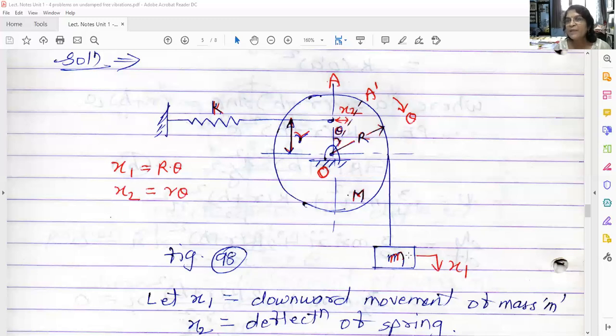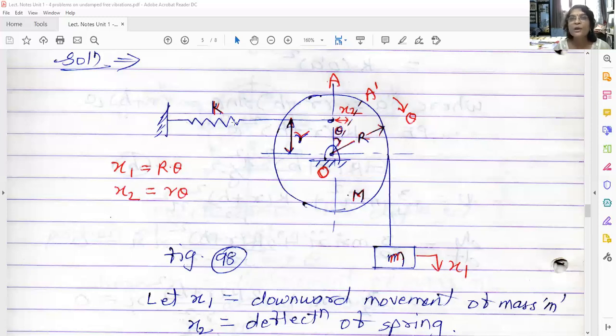So when mass m moves by x1 amount, this disc will move by theta amount. Okay, so what is the relation between this x1 and this theta then? Again, you simply apply the equation, arc is equal to angle into radius. So this AA dash is nothing but x1. So x1 is equal to capital R into theta. See, I have written here, x1 is equal to capital R into theta. So this is the relation between x1 and theta.